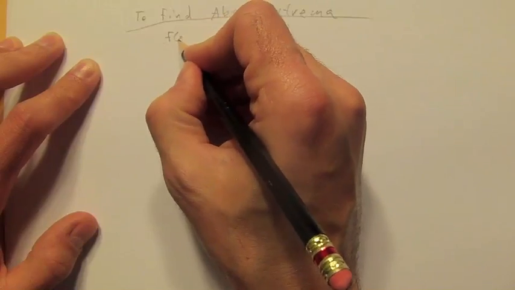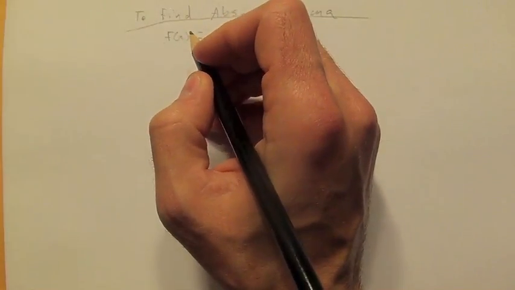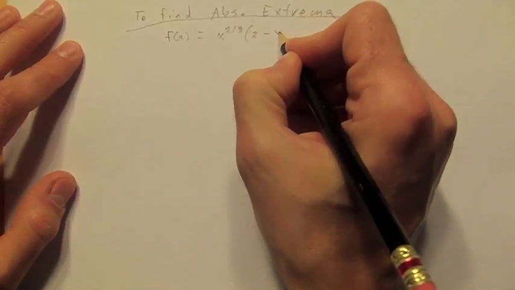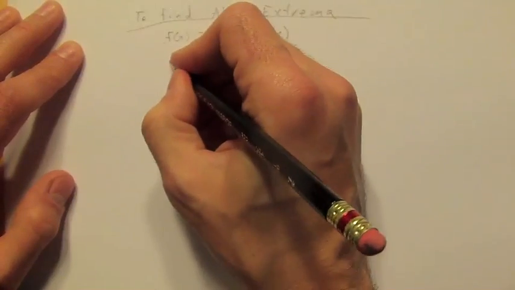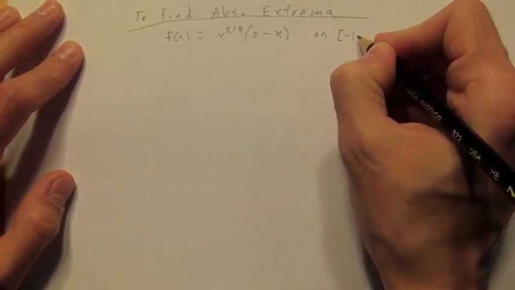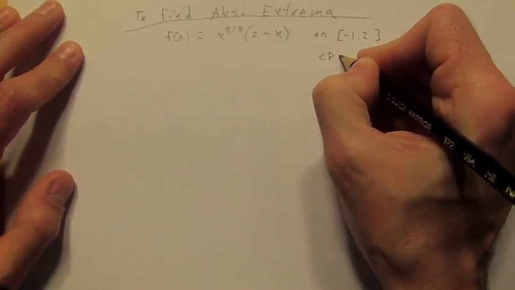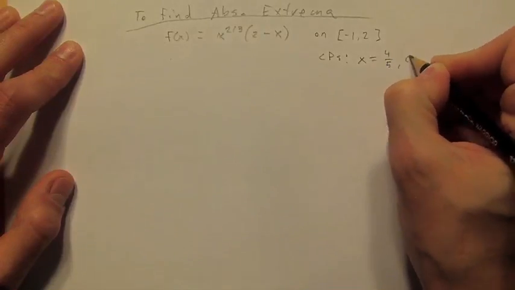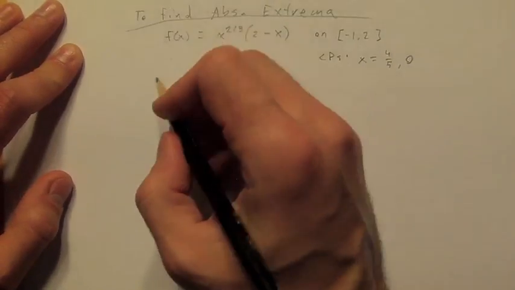So I'm going to write the original function down again, which is x to the 2/3 times 2 minus x, and start plugging things in. So first, remember this is on -1 to 2 with critical points x equals 4/5 and 0, just so I have it all on this same screen.